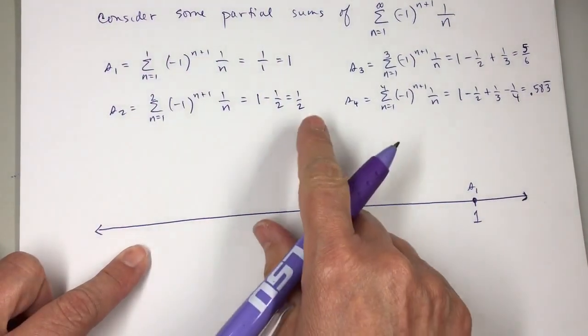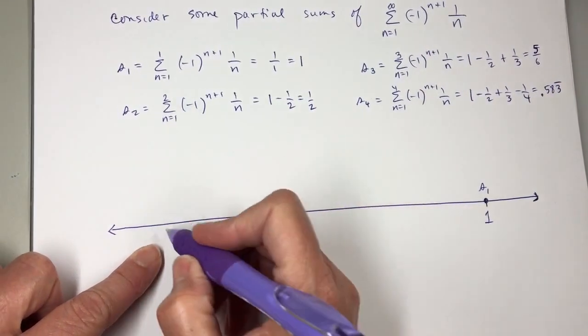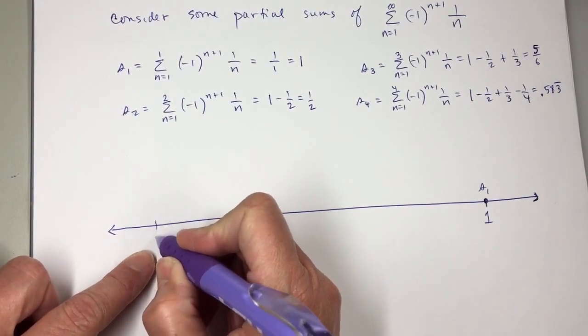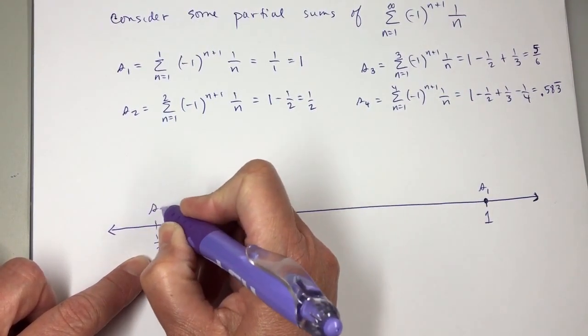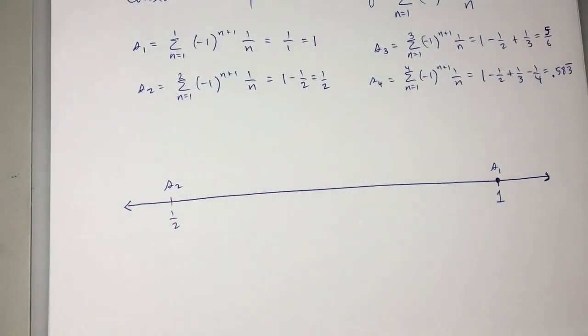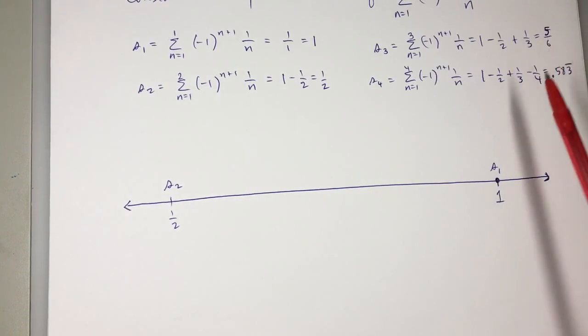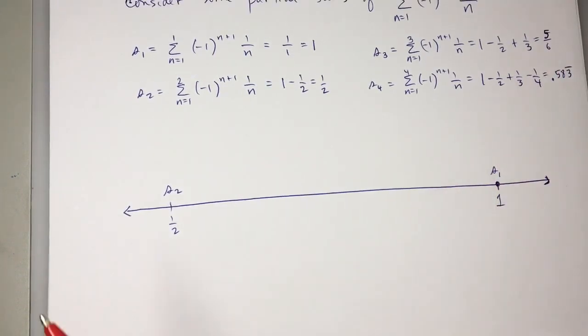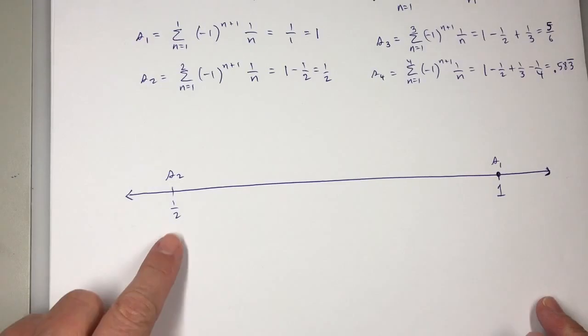And then I have 1/2 is S sub 2. S sub 3 is 5/6. So I might want to think about this a little bit.